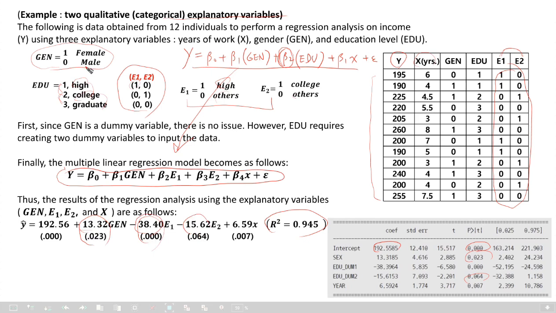Compared to male, female income is 13.32 more. And for one more year of work, he or she earns 6.59 more. So the problem is beta 2 hat and beta 3 hat.